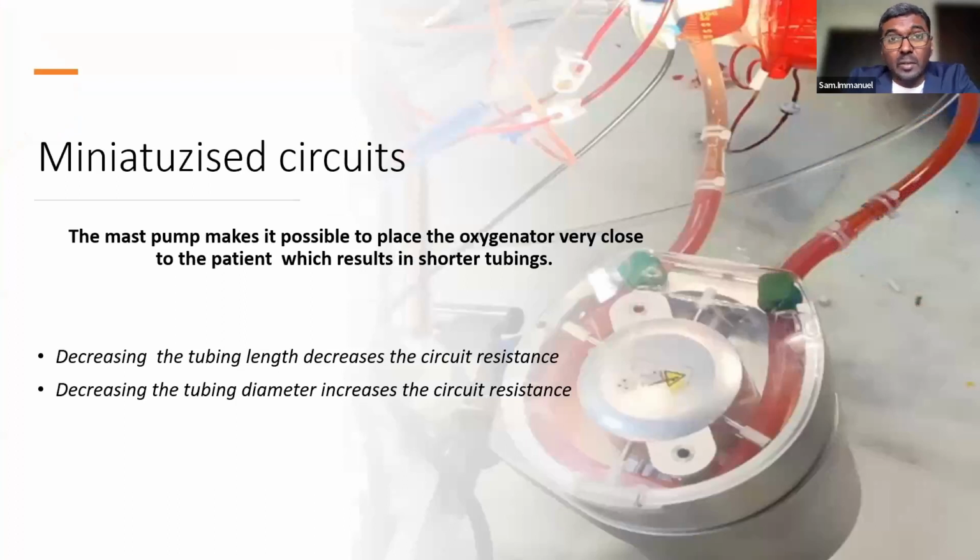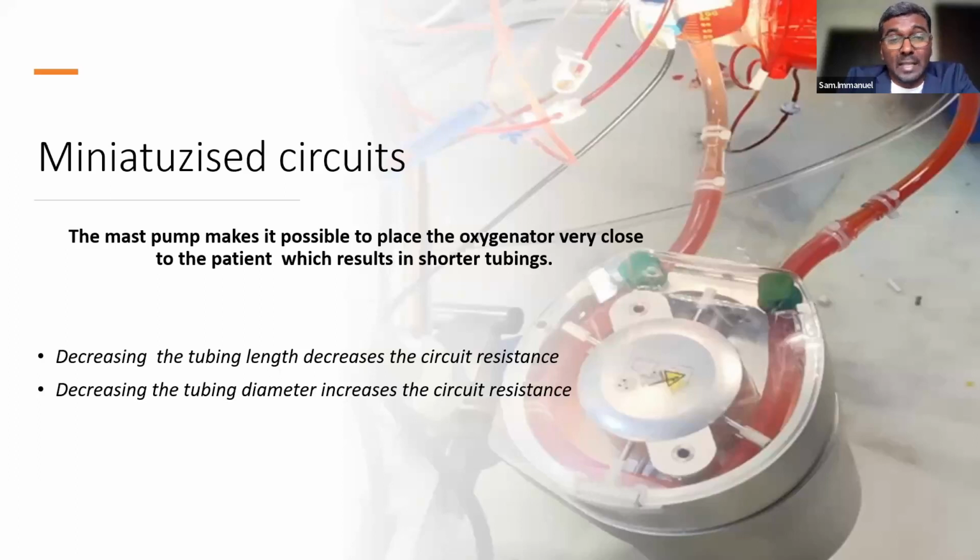Miniature circuit is the update over here because the world is moving towards it, and I have seen in a center in Germany that the total priming volume of a pediatric surgery was as low as just 80 ml. Just 80 ml was the priming volume of the oxy.